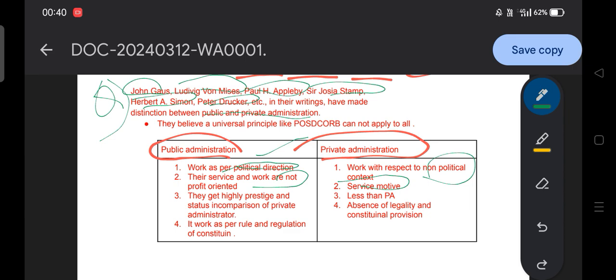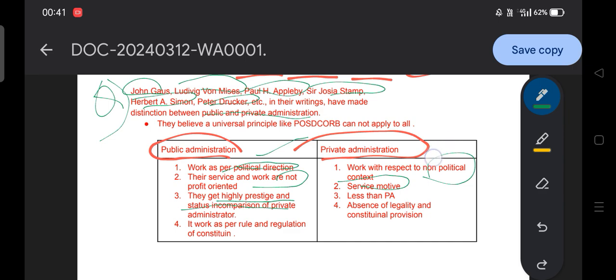Then public administration gets high prestige and status in comparison to private administration. For example, IAS and IPS officers get high status and prestige in society compared to those working in private administration. You also experience this in our day-to-day life.